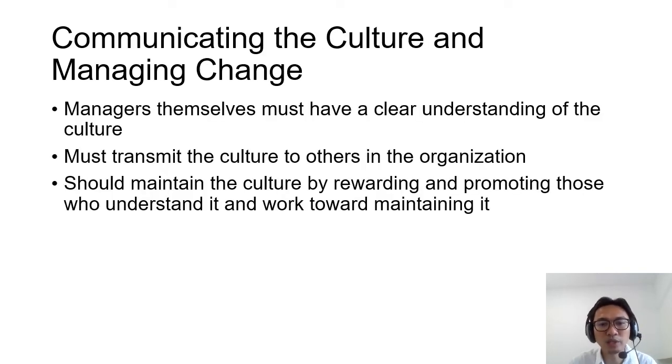So how do we communicate the corporate culture? How do we change people? There are a couple of things. Managers, number one, have to be very clear and understand what they want as a corporate culture, what they want their company to look like. Secondly, they must transmit the culture to others in the organization. So if they want things to be relaxed or chill, they must understand this is what we want, and then slowly tell others, okay, you don't have to dress formally, you can just wear sandals, you can wear your own shirts, things like that.